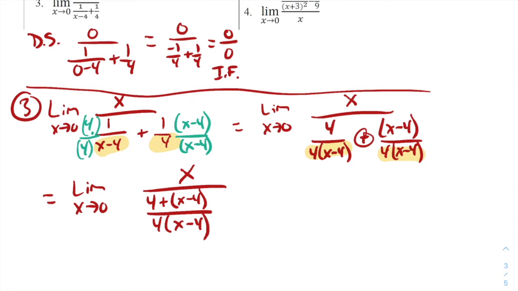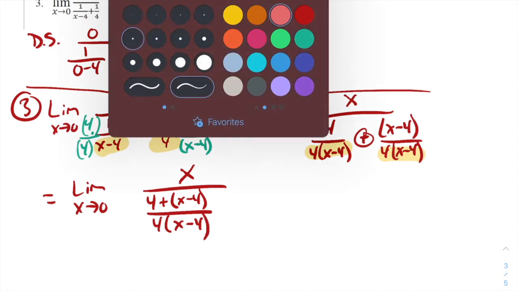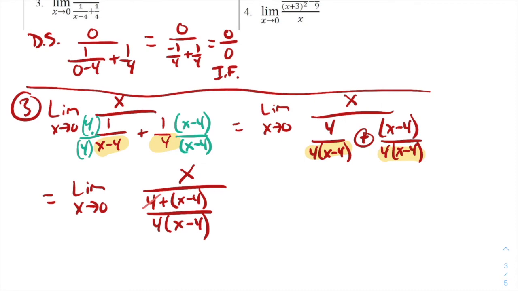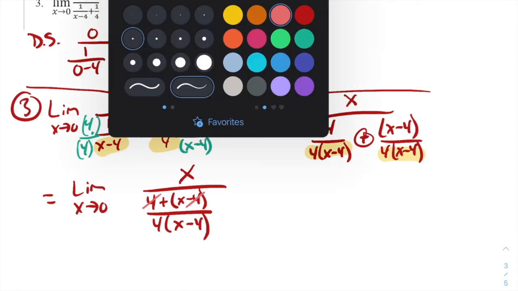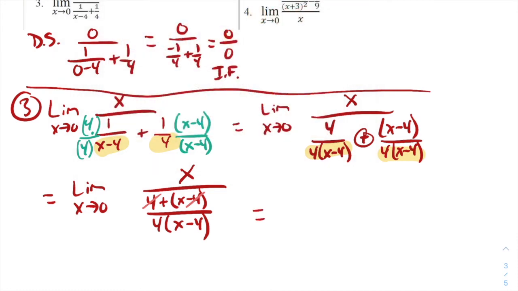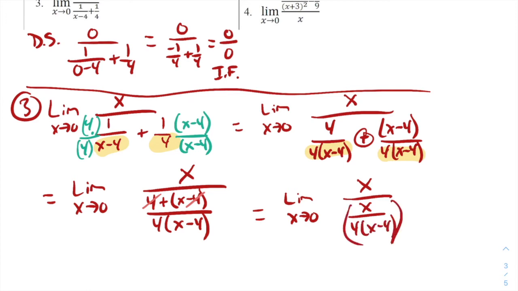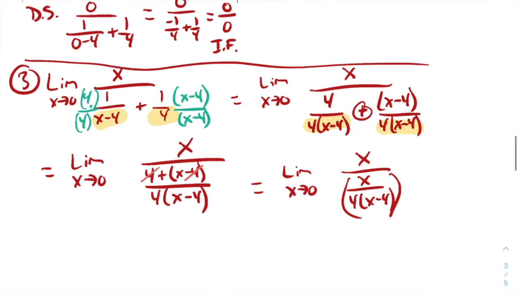What we also might notice is that our 4 and our minus 4 are going to cancel each other out. So even further, we can simplify, and we can say that this is going to be equal to the limit as x approaches 0 of x divided by, well, those canceled, an x over 4 times x minus 4. Looks like it's getting a little bit more simplified.